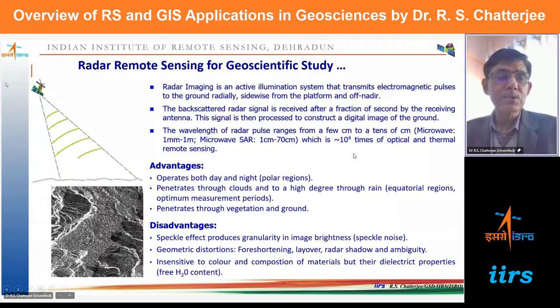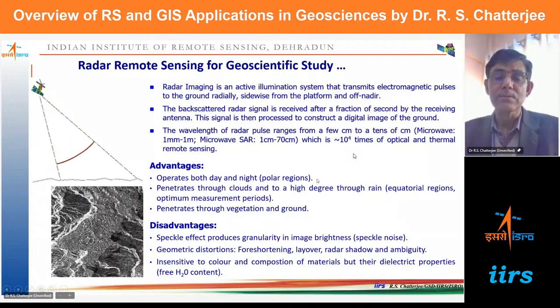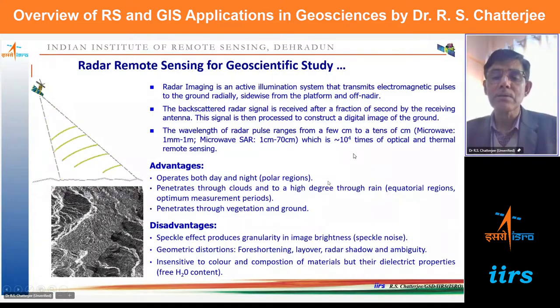Now there are many advantages in the radar system because it is an active system. It operates both day and night, particularly useful in the polar regions. You know, in polar regions, there are a number of months where it is completely dark, isn't it? So for that, the radar sensor is very, very important because it does not need solar radiation, does not need the sun.